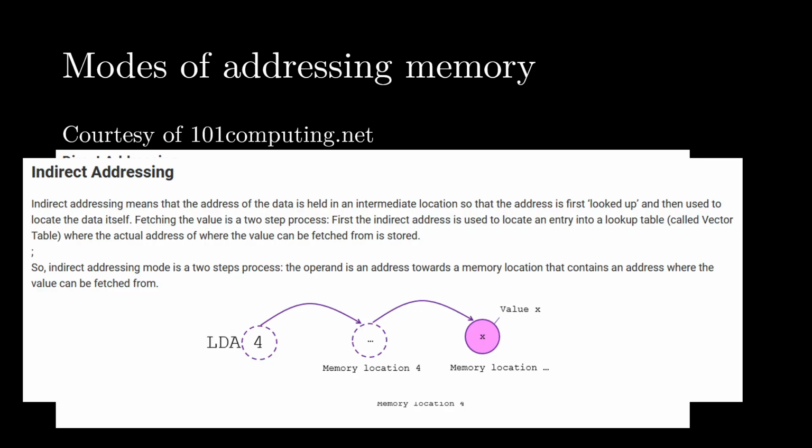First, the indirect address is used to locate an entry in a lookup table called a vector table, where the actual address of where the value can be fetched from is stored. Hopefully this diagram illustrates how it works. I think it's pretty simple though.